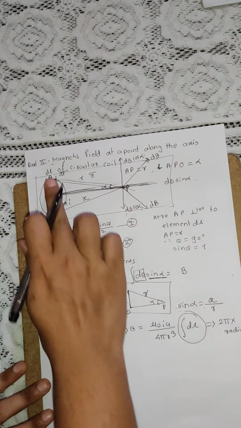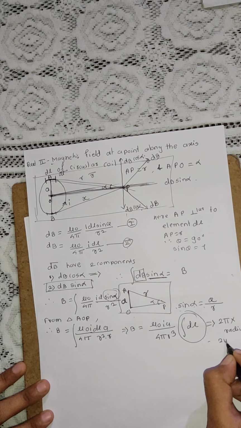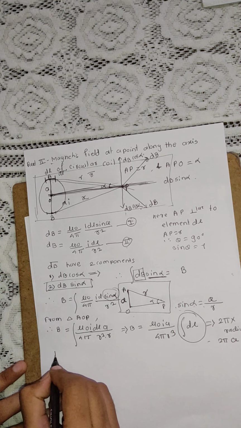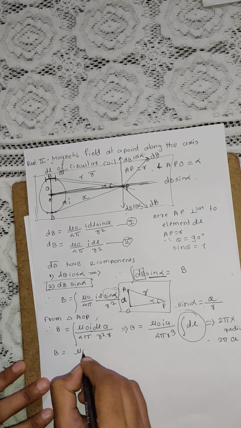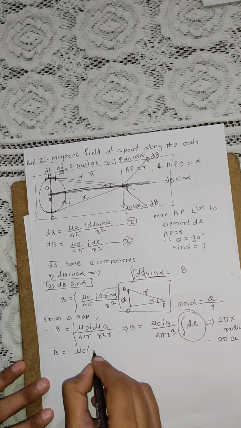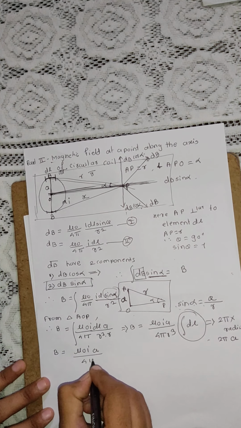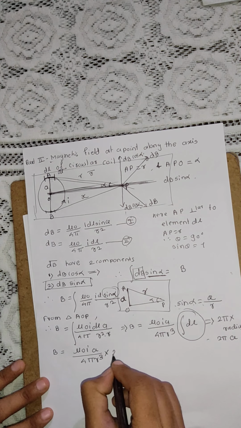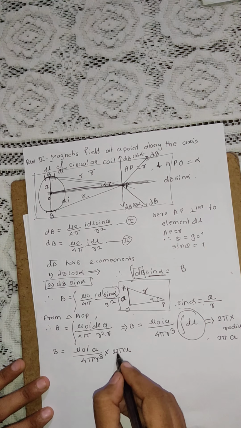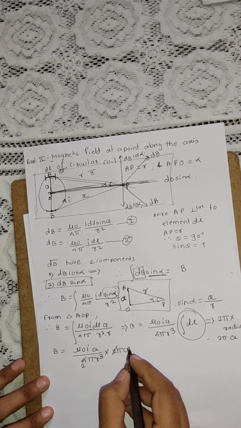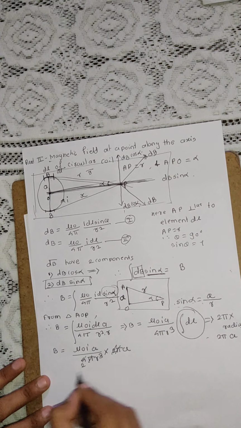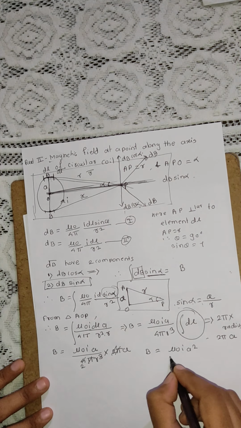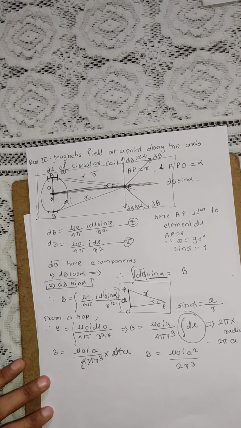Here radius is a. Therefore, 2 pi a. Substitute the value. Then we get mu naught I a upon 4 pi r cube, 2 pi a. 2 twos are 4, pi gets cancelled. Then B is mu naught I a square upon 2 r cube.